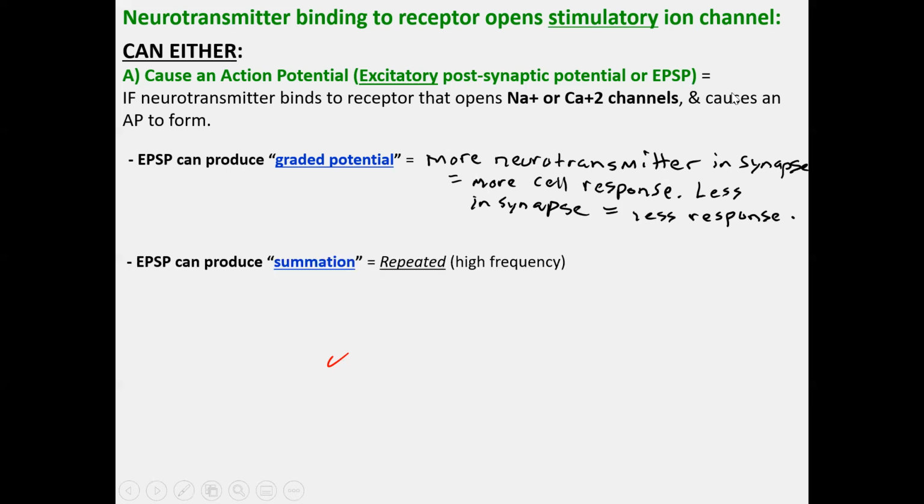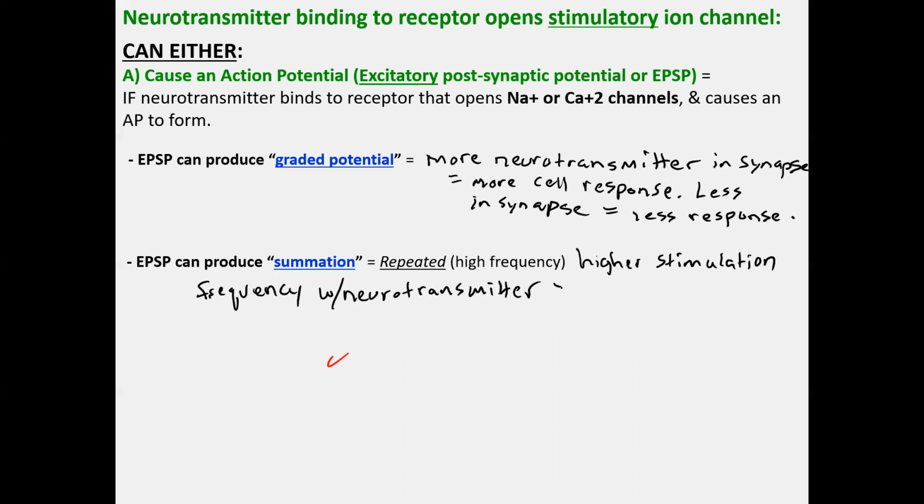Now, the other thing that can happen is called summation, and it has to do with how frequently the neurotransmitter binds to the synapse. So, higher stimulation frequency with the neurotransmitter, and I'll just use the little w with the slash to mean with the neurotransmitter, equals greater cell response.